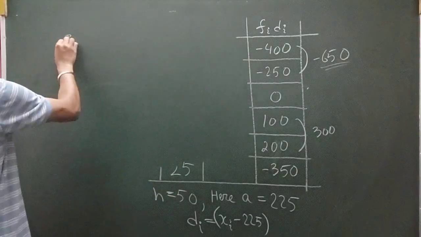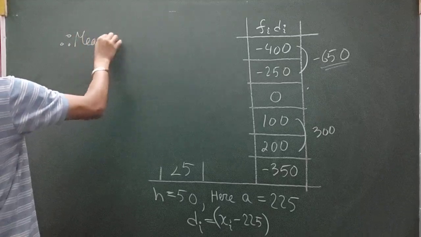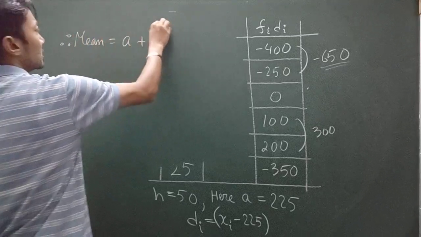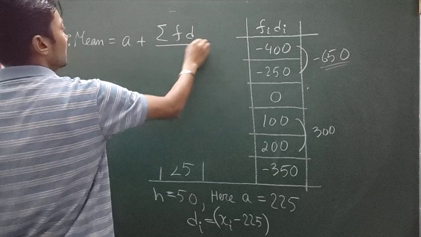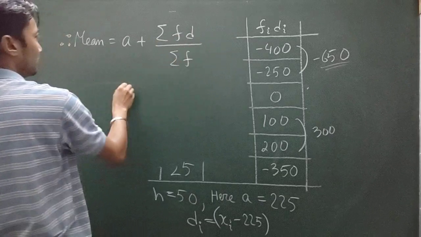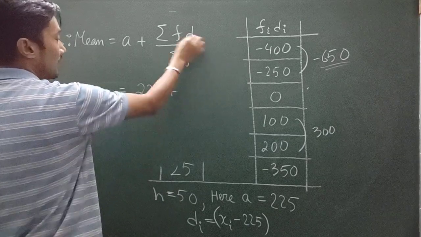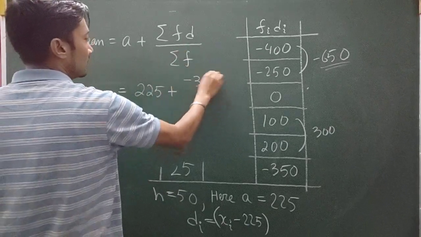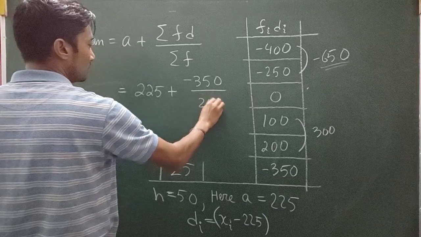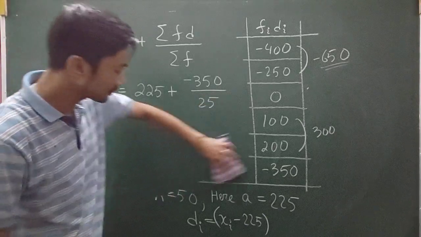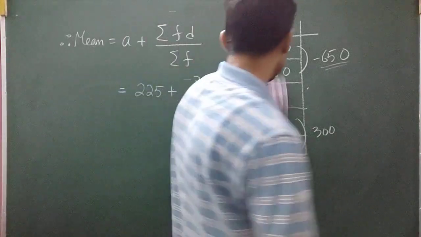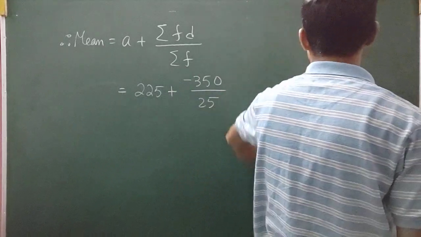So therefore, mean is A plus summation of f into d by summation of f. What was our assumed mean? 225, plus f into d was minus 350, divided by the total summation of f, 25. Time for calculations.